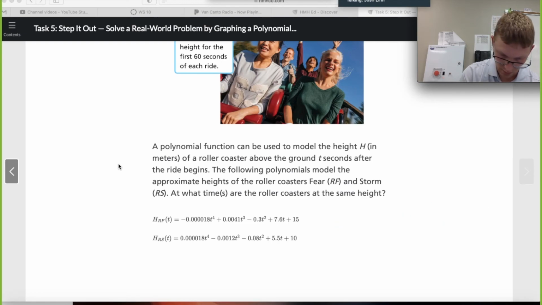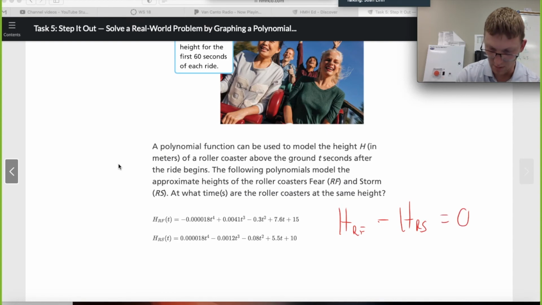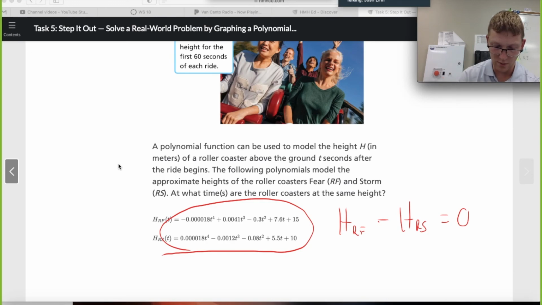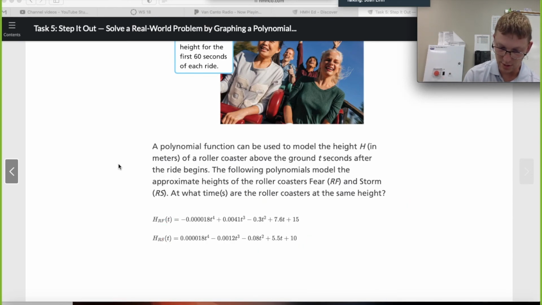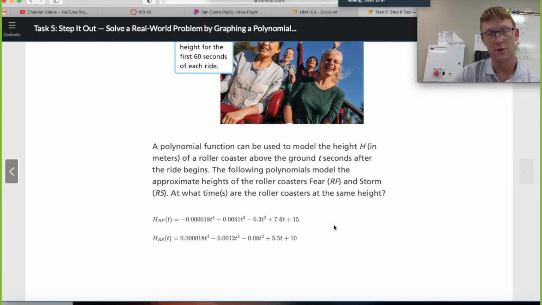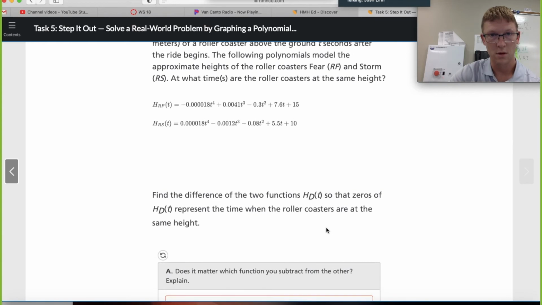And anyway, we would have HRF minus HRS equals 0. So we would subtract one of them, combine all of our like terms, and we would have an equation looking something like this, but just equal to 0. And that is something that we could graph on our calculator and find the zeros. So that's what we're going to do.